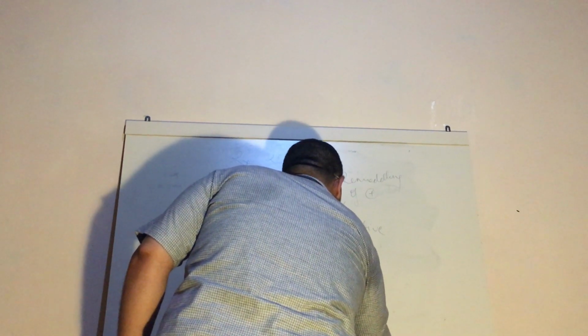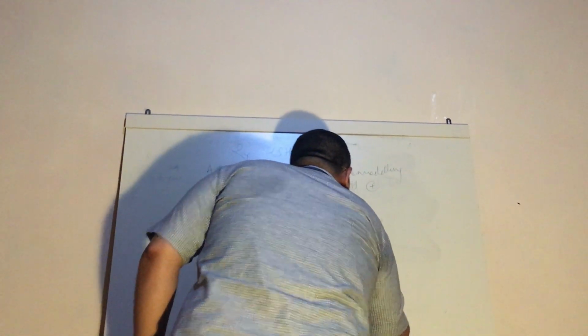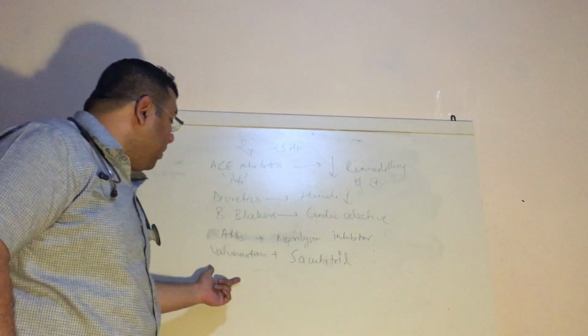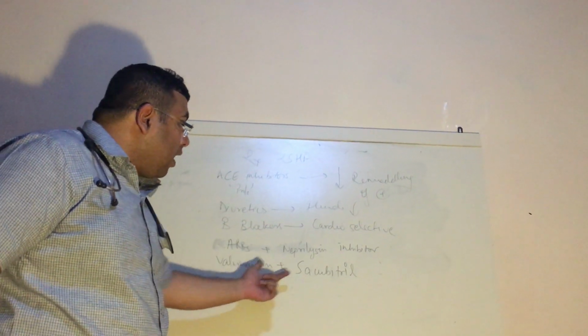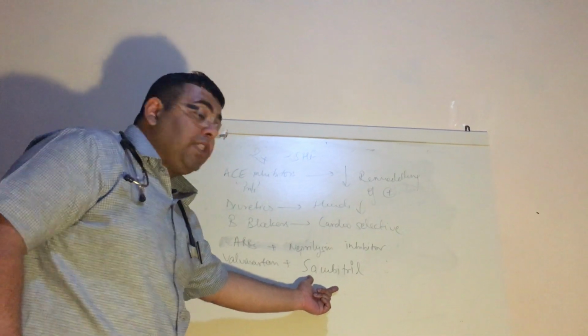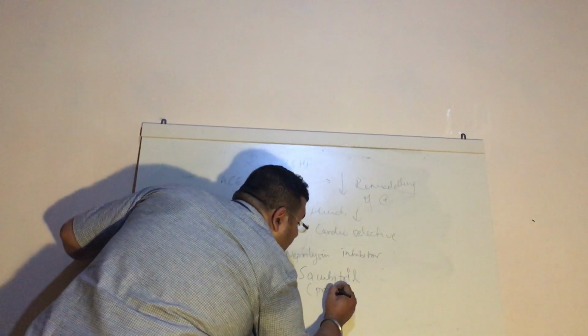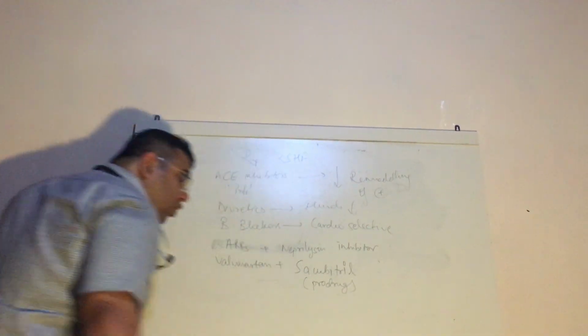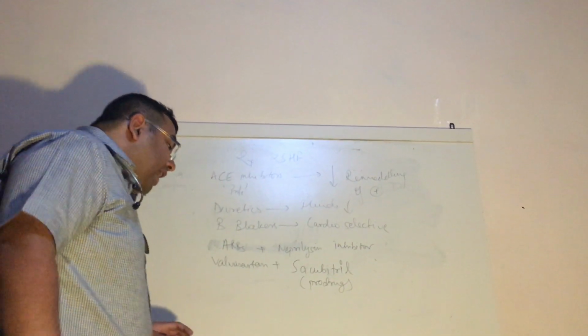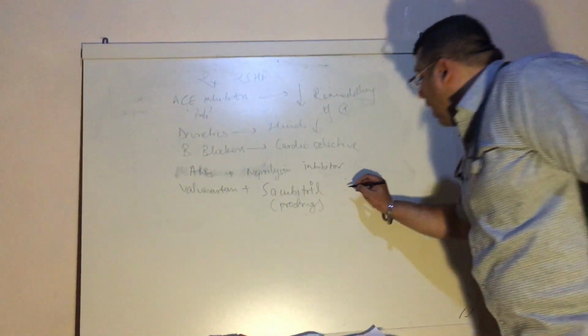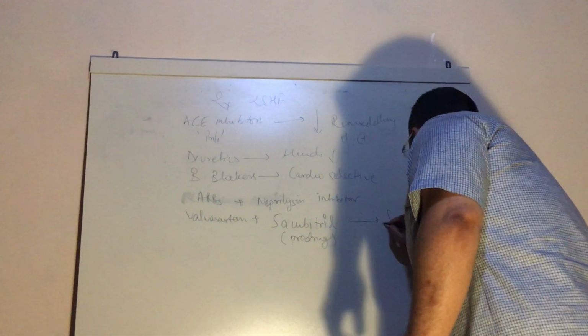So there is one new drug which is ARB plus neprilysin inhibitor, which is valsartan plus sacubitril. The ARB is valsartan and the neprilysin inhibitor is sacubitril.